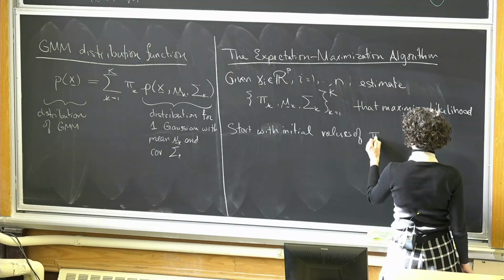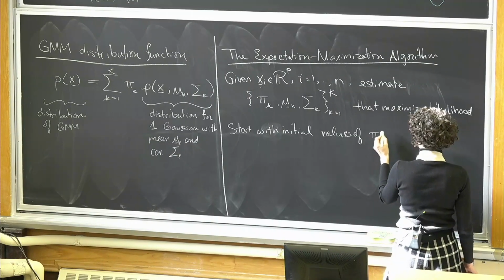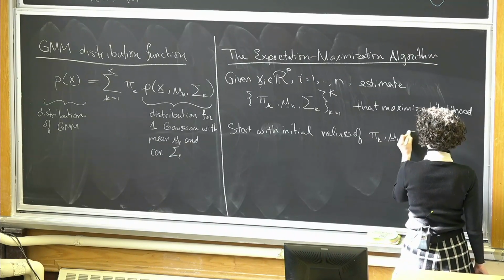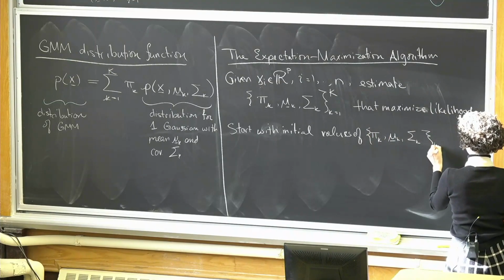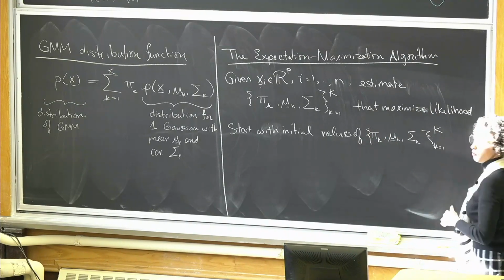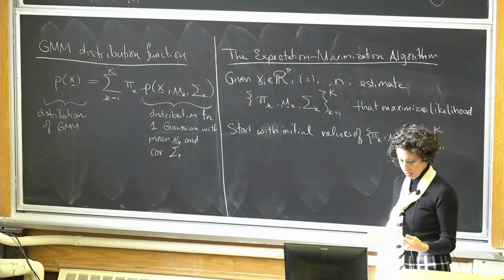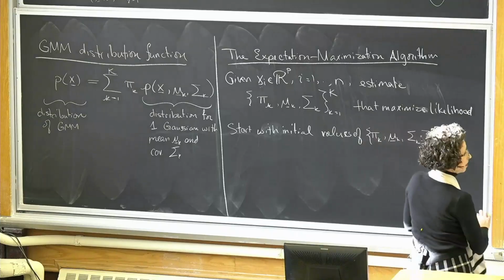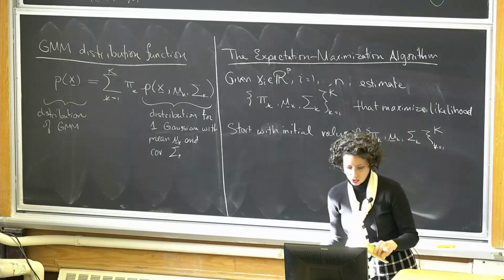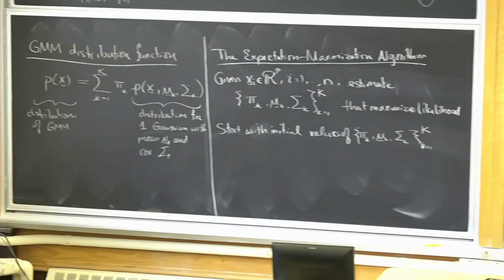So we're just going to have initial values of all of the pi k's, mu k's, and sigma k's. And we are going to start using our data to improve on those estimates.